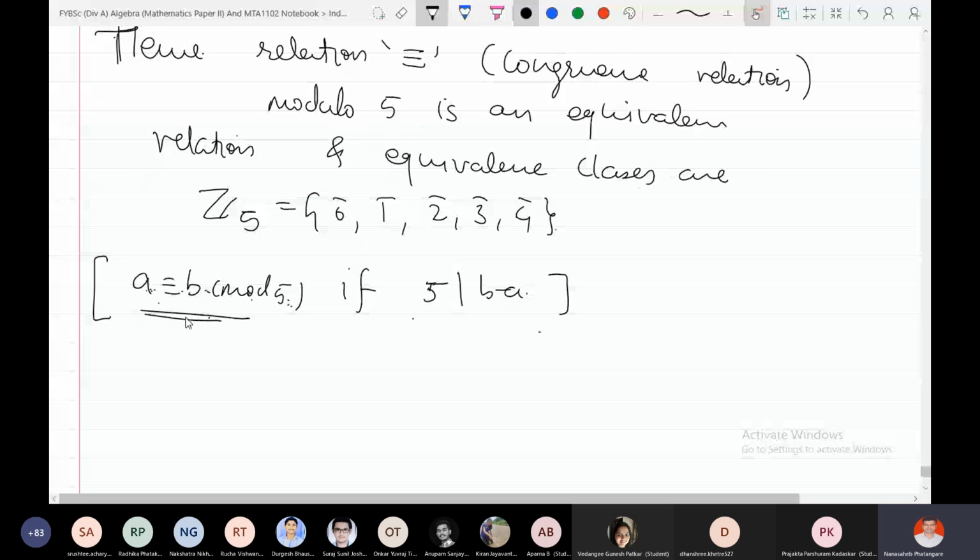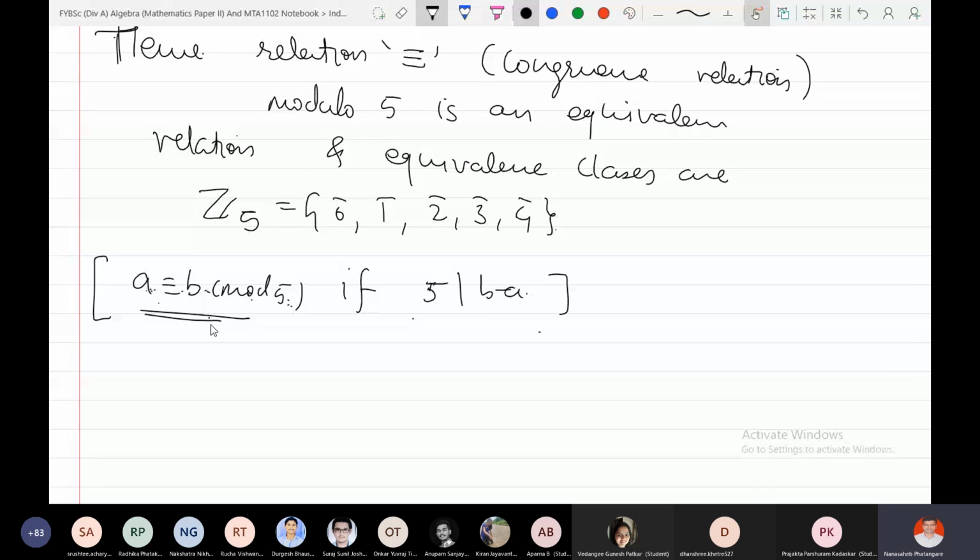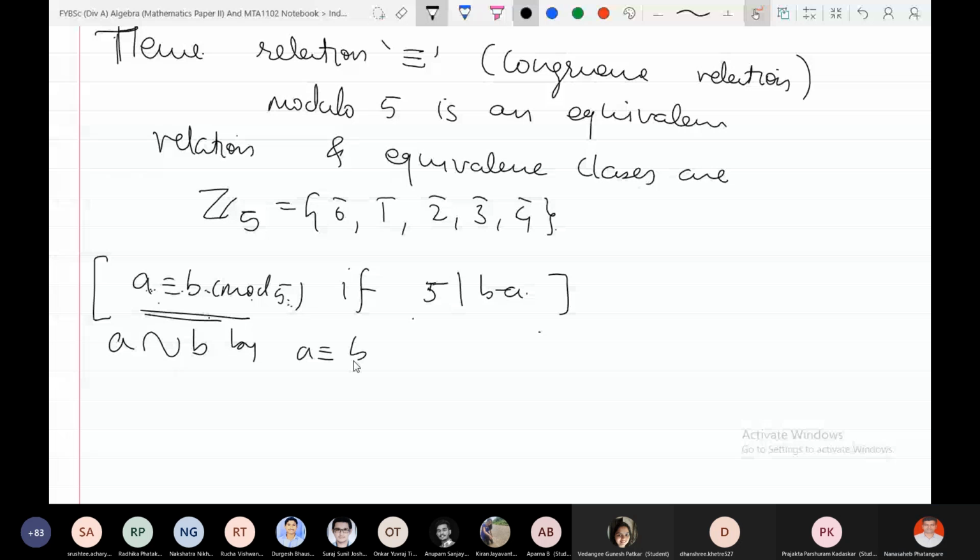But now I am just using a different notation for that relation tilde. What is the point here? I am replacing tilde, a related to b, by a congruent to b modulo 5. So this is a change of notation.